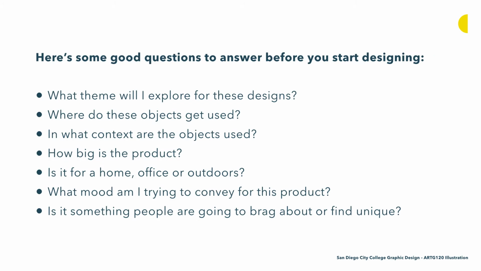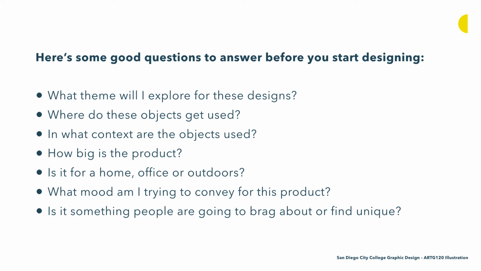So when dealing with a product, we often think of the surface pattern and how we can benefit that product. So the better, funnier, or more thoughtful you are on the product level, the more attractive your design is going to be to a customer. So here are some good questions to answer before you start designing.